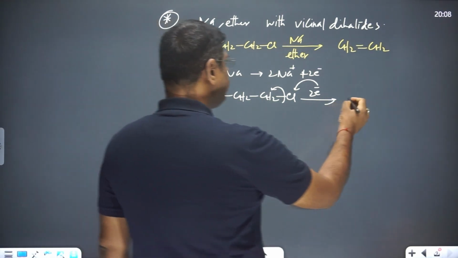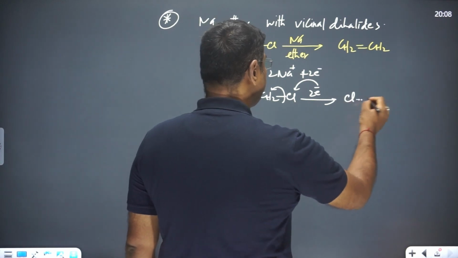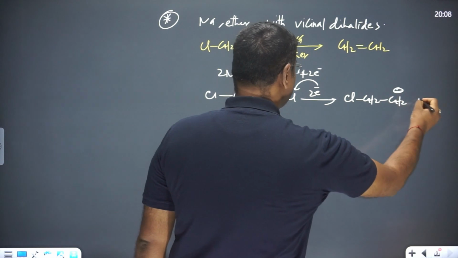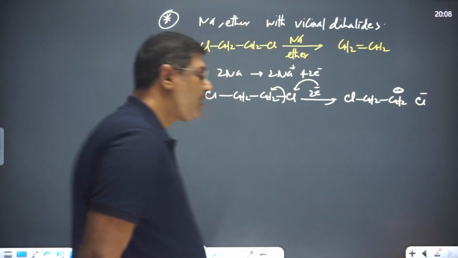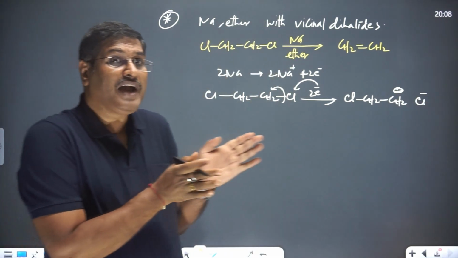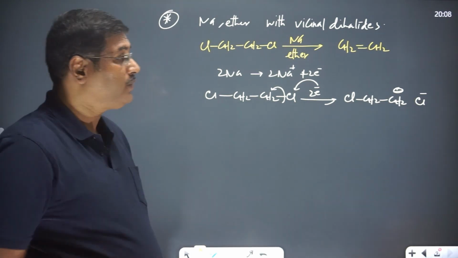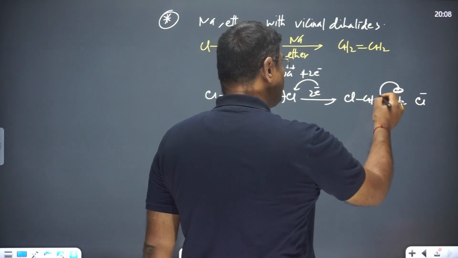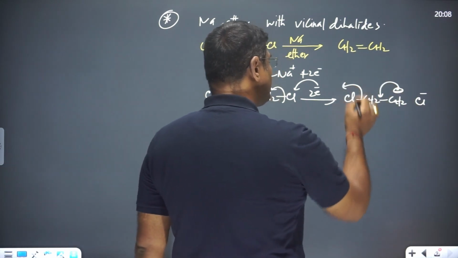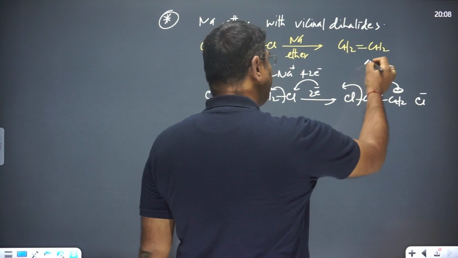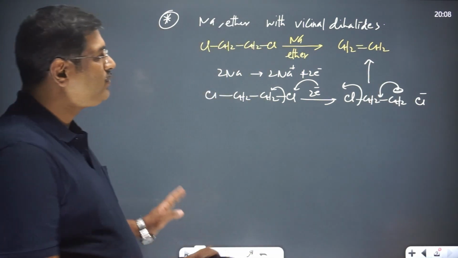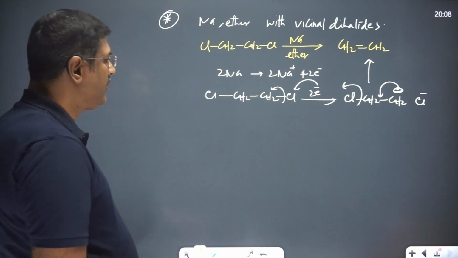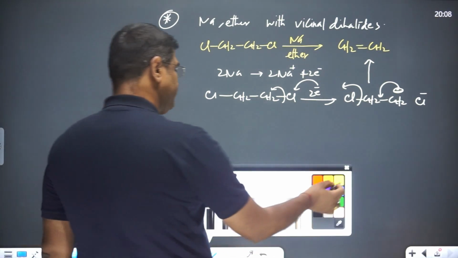We get Cl-CH2 minus and Cl minus. Here you will observe an E1cB kind of reaction. The carbanion immediately moves towards this carbon, this Cl is pushed out, and we get CH2=CH2. Everything happens the same way.